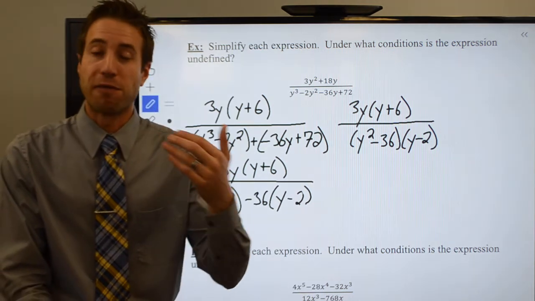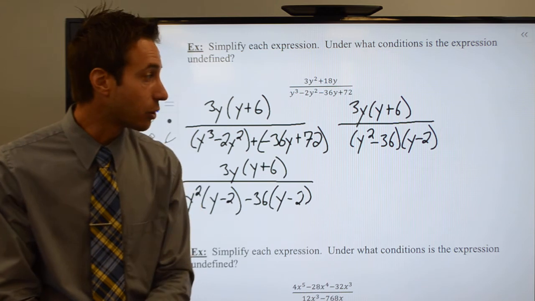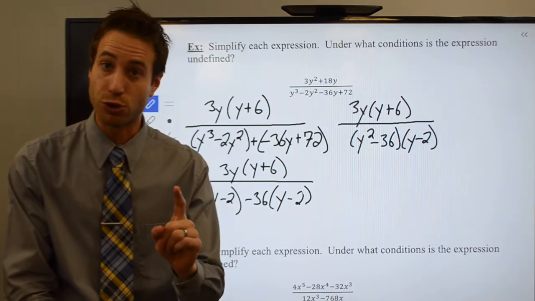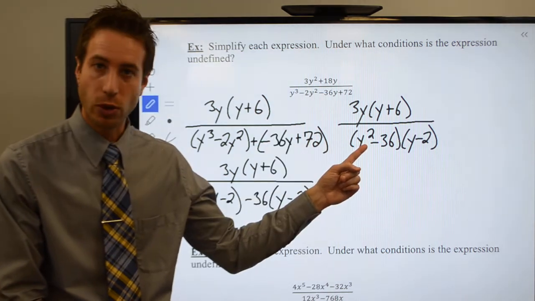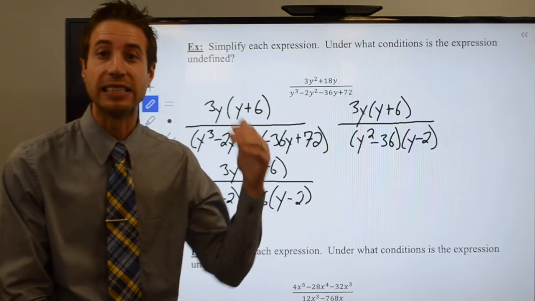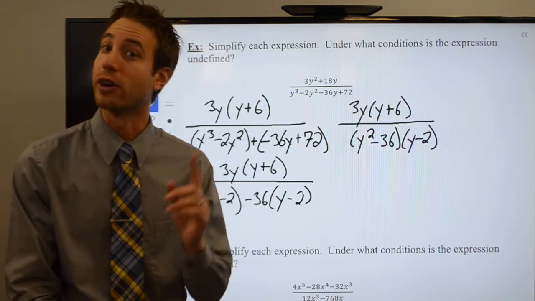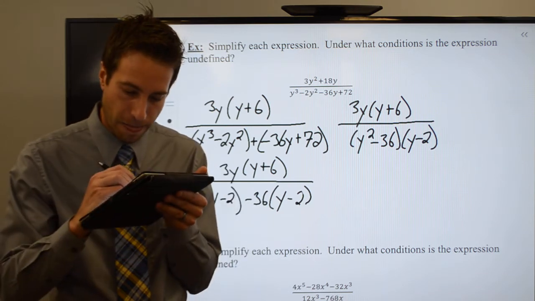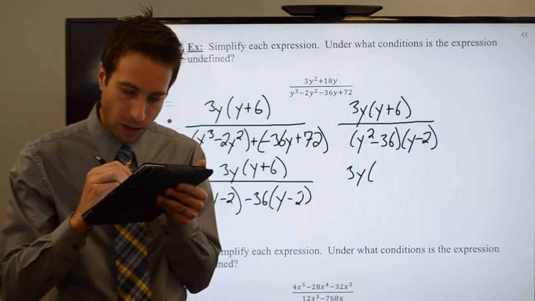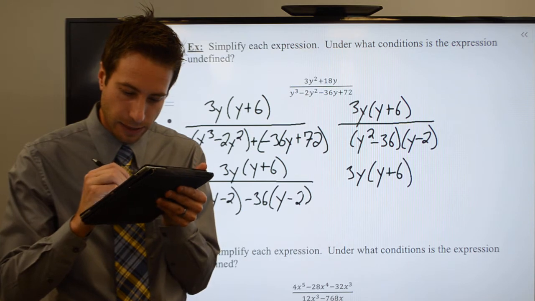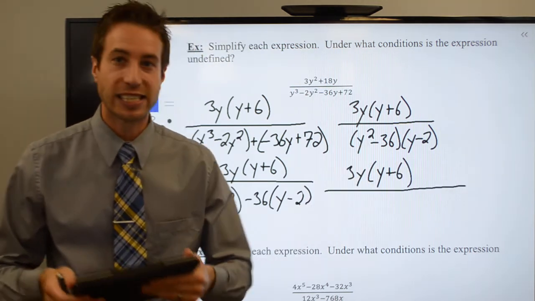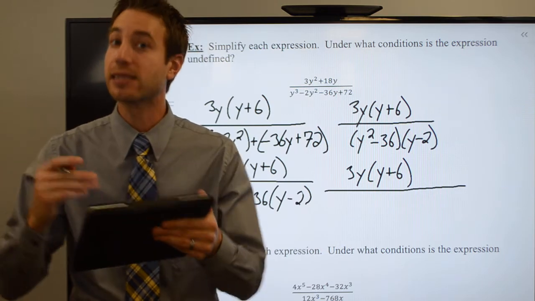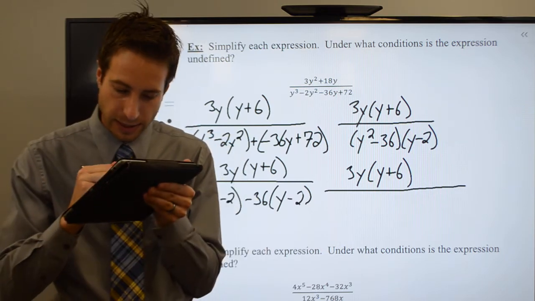But upon further inspection, looking at it a little closer, I recognize, and I told you it would show up over and over and over again in this chapter, y squared minus 36 is a difference of squares. You're not done factoring. 3y, y plus 6. Y squared minus 36 will factor into a y plus 6 and a y minus 6.